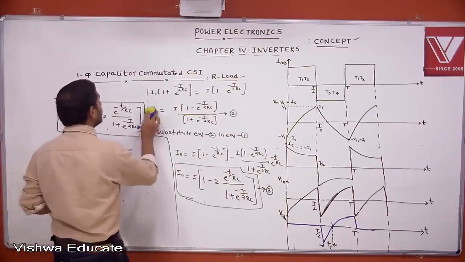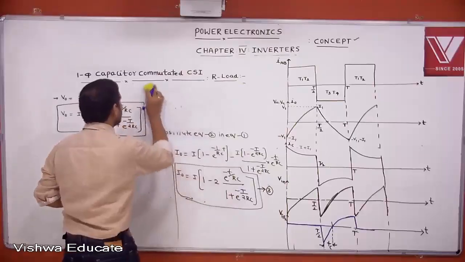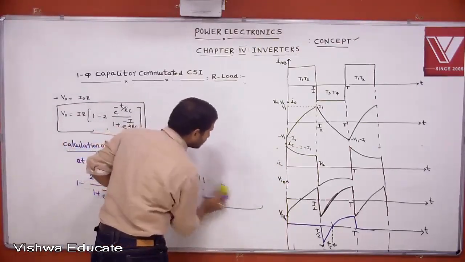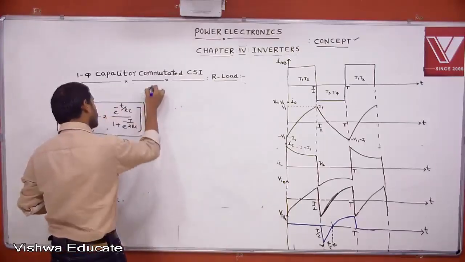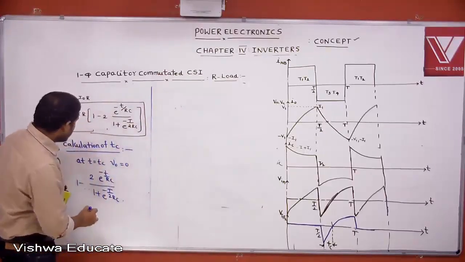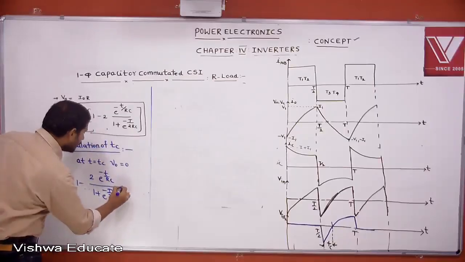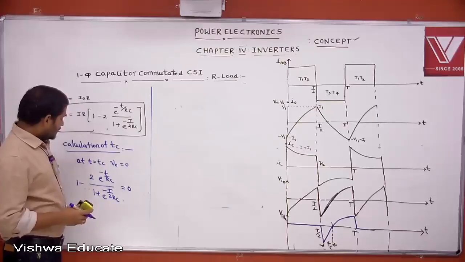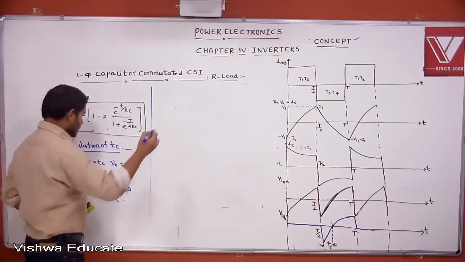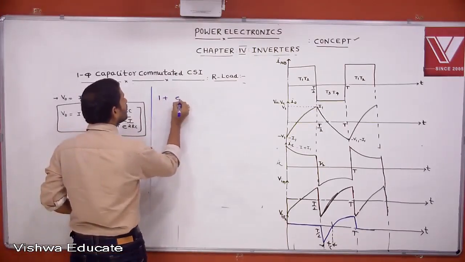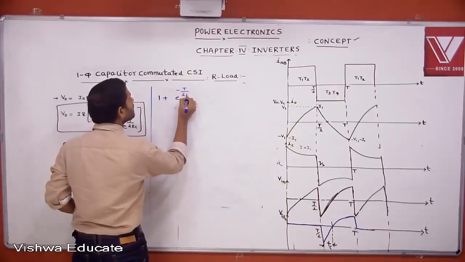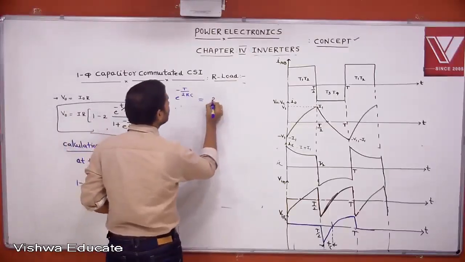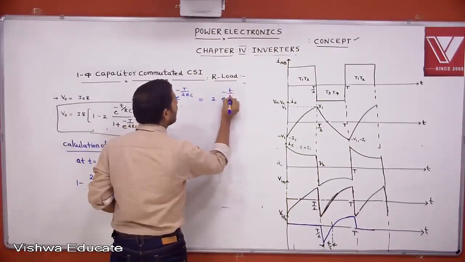Now from this, what can you get? If you equate this to 0, then what do you get? 1 plus e power minus T by 2 RC is equal to 2 into e power minus T by RC.